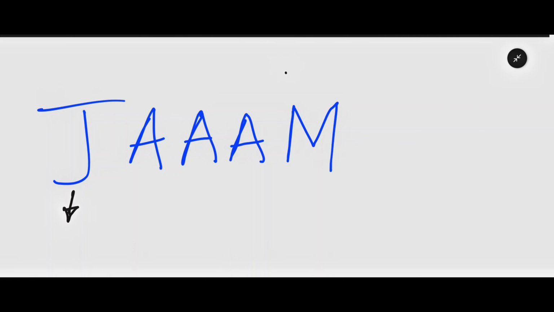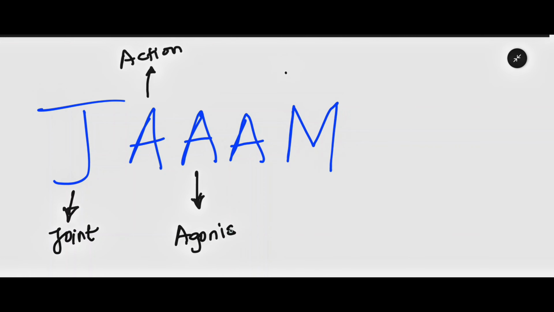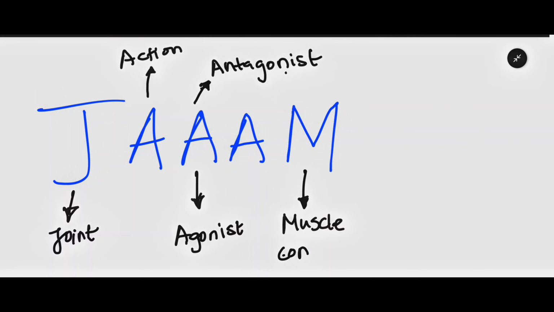So JAM is an acronym and that stands for the joint, so the joint at which the movement is taking place, and then the action, and then the agonist, and then the antagonist, and then the muscle contraction, the type of contraction, whether it's concentric, eccentric, or isometric, and you can add more dimensions to this. This is why it's such an amazing way to revise and to help you answer questions.